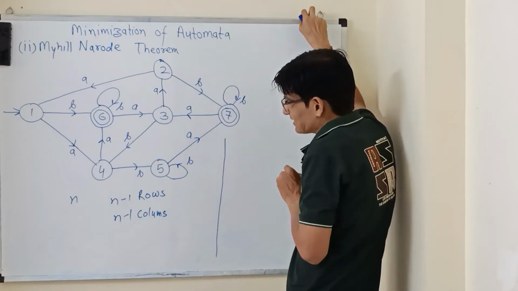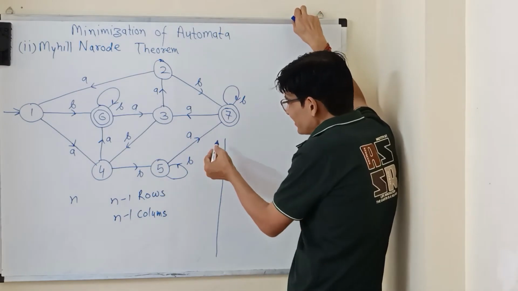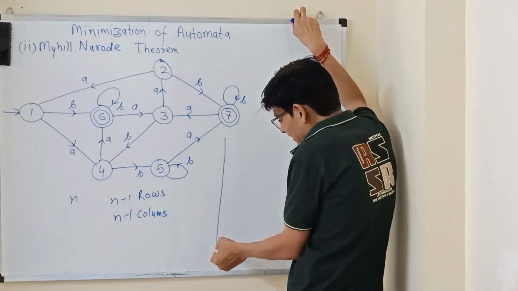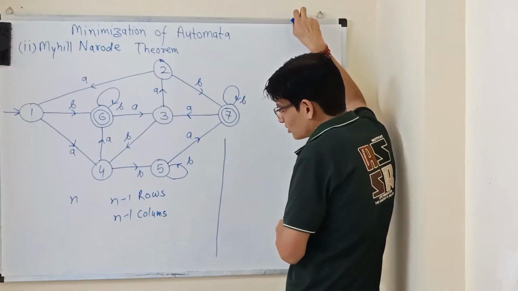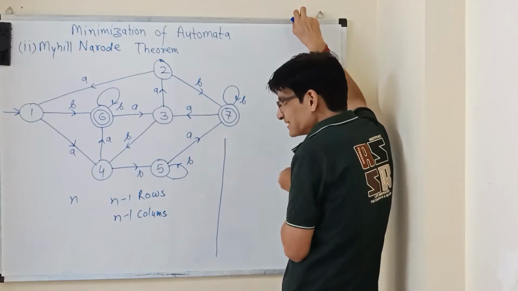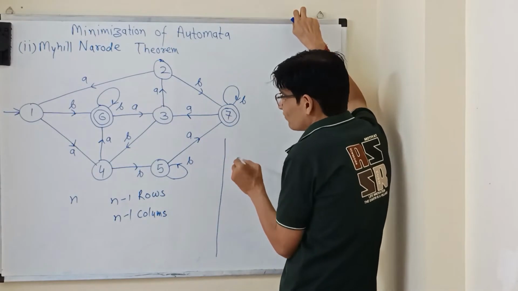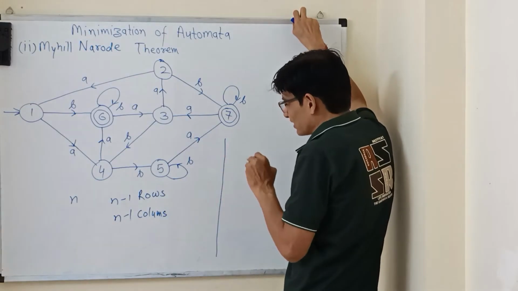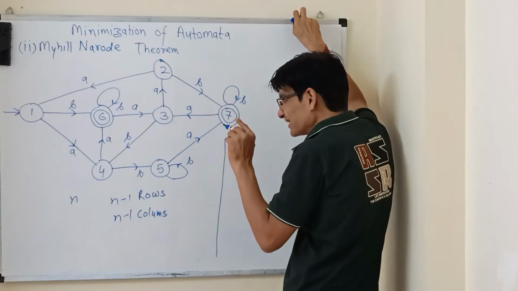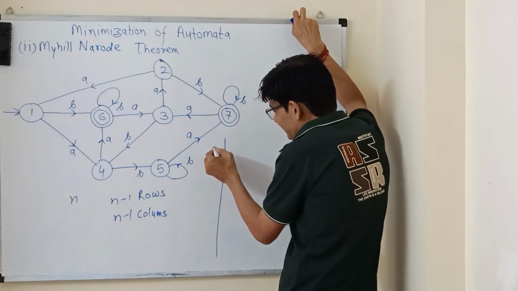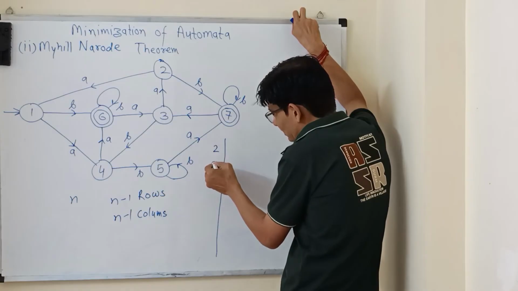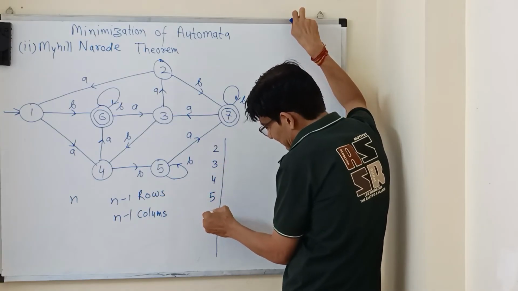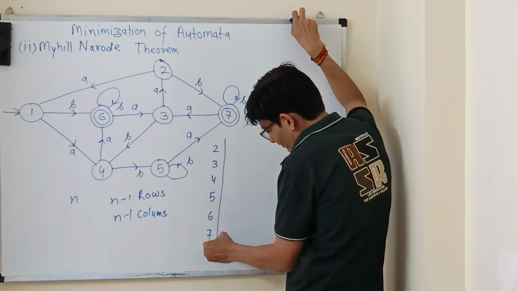We skip the first state in rows and the last state in columns. Our initial state is 1, so we skip it in rows and start from 2, then 3, then 4, then 5, then 6, and then 7.